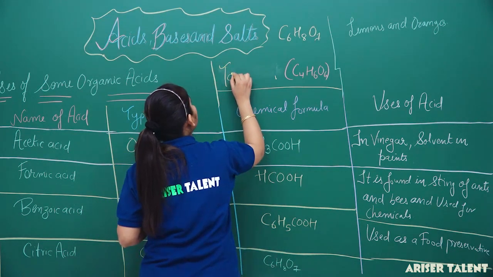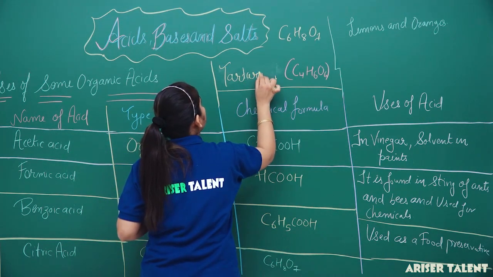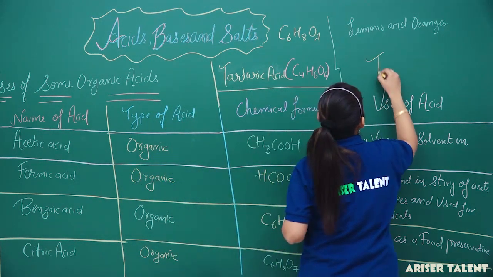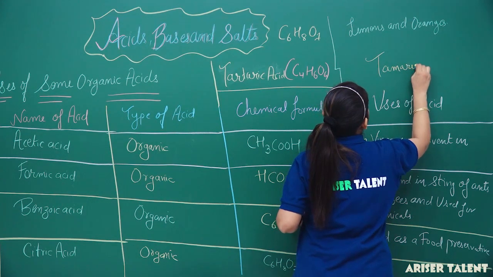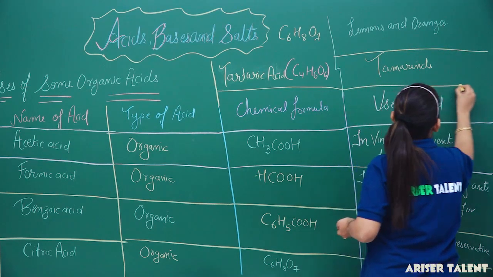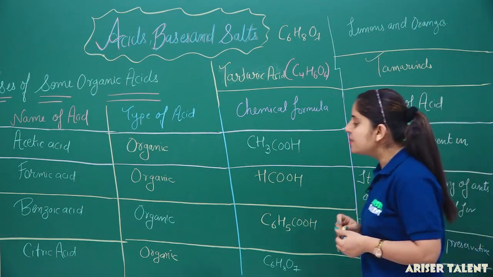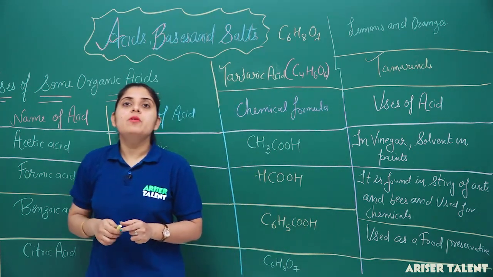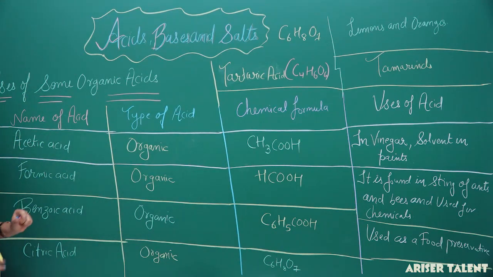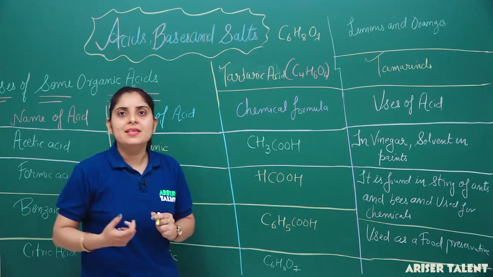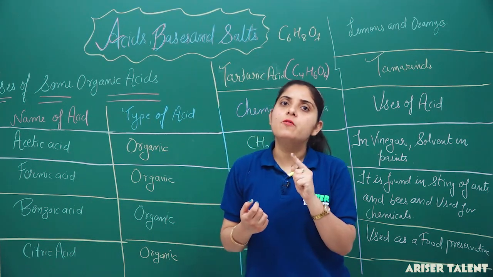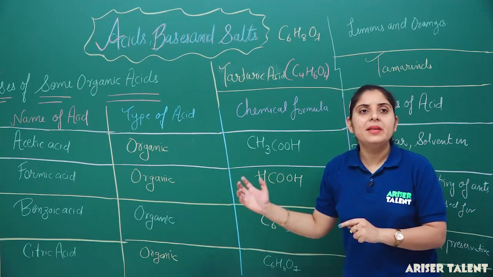The name of the acid will be tartaric acid, and it is basically found in tamarind. So these are the general uses of some of the organic acids that we have discussed today. In our previous lecture, we discussed the uses of mineral acids. This question is important from the point of view of very short questions, that is your 1 mark question. So if you want to copy it, please copy it from here.